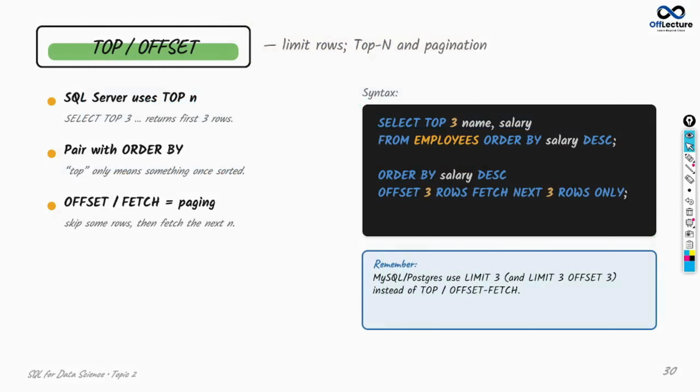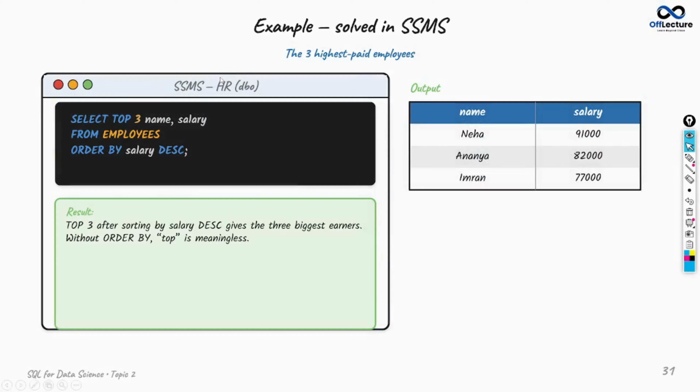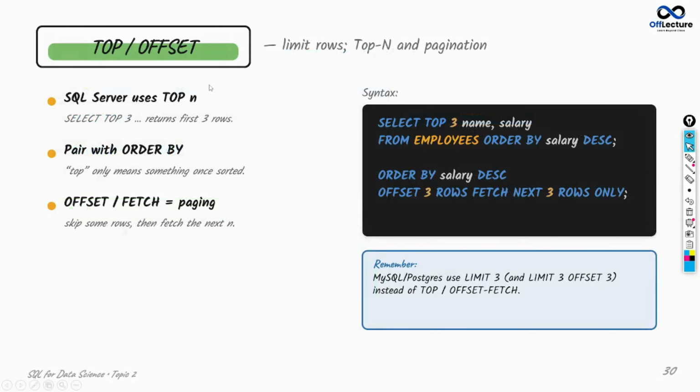Now let's move to one more helper clause, which is top and offset. What top and offset do is, let's suppose you want to limit how many rows come back in the output. SQL Server uses top. Okay.